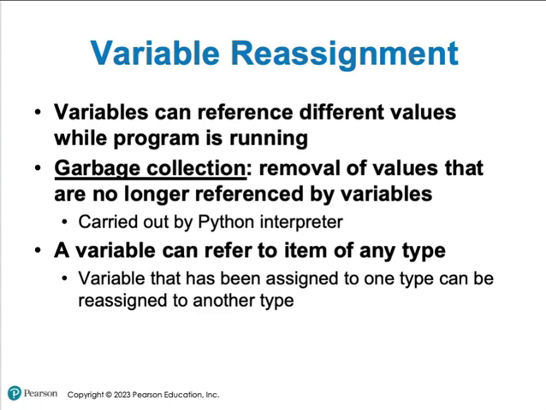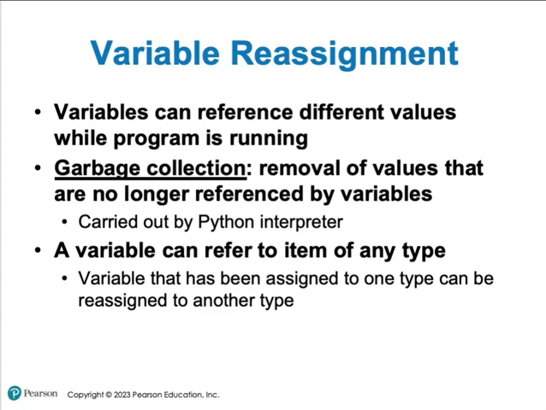So if x referenced a memory location that had 10 in it, and then you changed it so x now represents the string XYZ, that variable points to that string, and that value it had before is just kind of out there in memory with nothing referencing it or pointing to it. So Python garbage collection is going to realize that nothing is representing that chunk of memory, and it's going to free that memory up so that you don't have a memory leak, which is a bad thing.